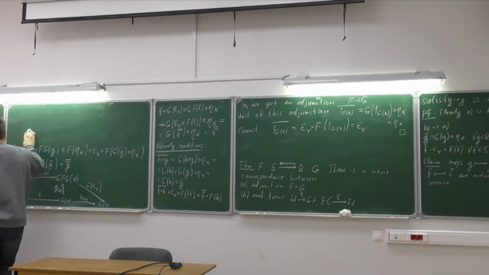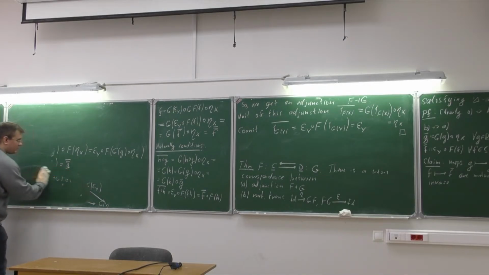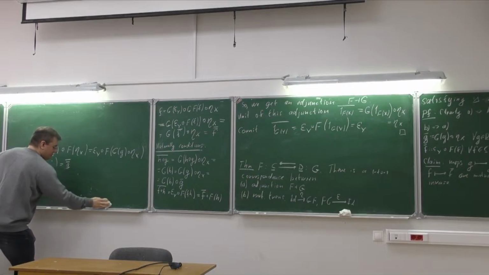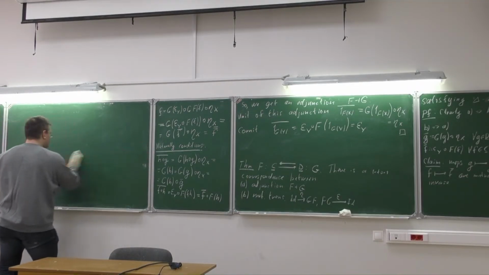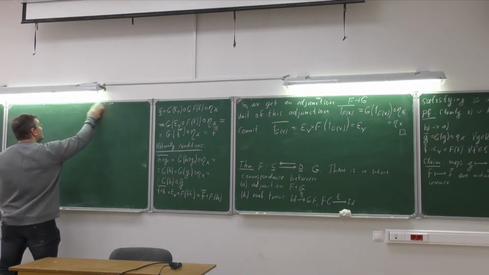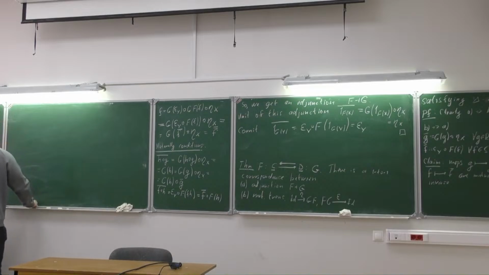It's a very natural question. If you have a functor, and for example, you know that you have a right adjoint, is it true that this right adjoint is unique? Of course, we expect this is unique, but this requires some little proof, so let's do this.